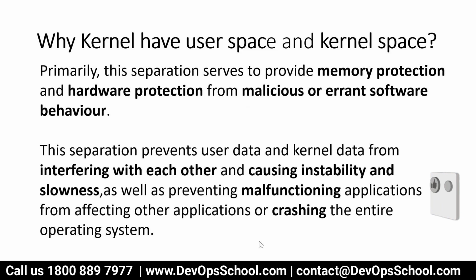The separation prevents user data and kernel data from interfering with each other and causing instability and slowness, as well as preventing a malfunctioning application from affecting other applications or crashing the entire operating system. Did you understand why we have two spaces?